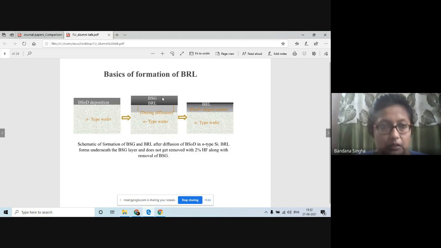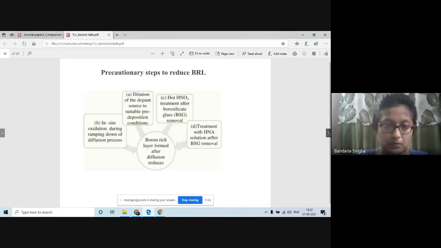When we remove the borosilicate glass layer by dipping it in 2% HF solution, this boron rich layer generally doesn't get removed. So it's very essential to consider other process steps where we can remove or lower the boron rich layer that is formed on the emitter surface.